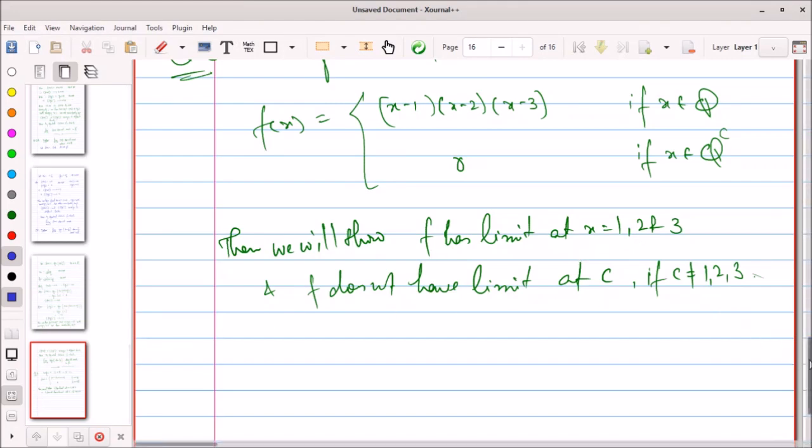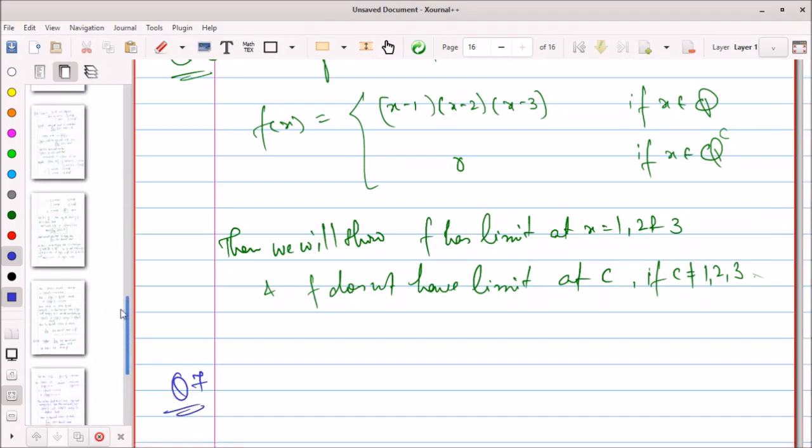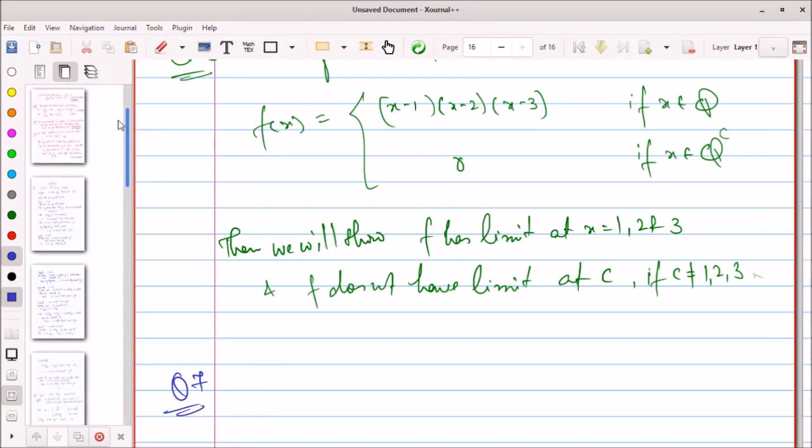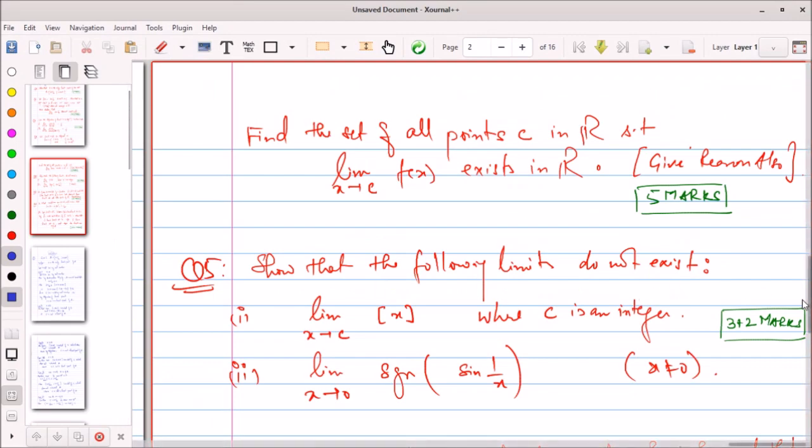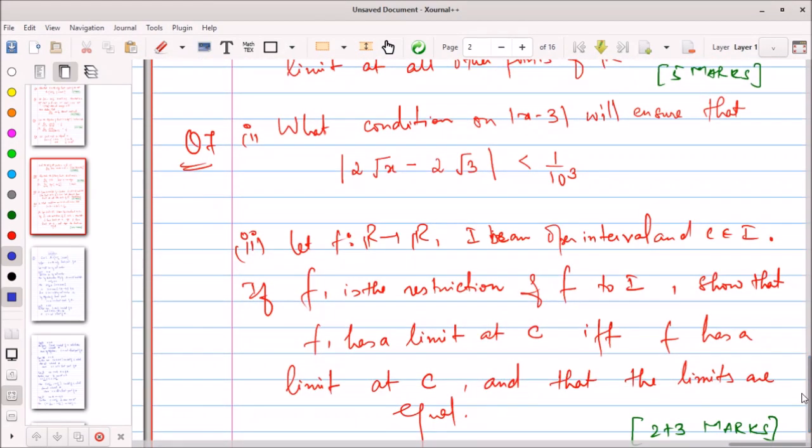So question number 7. This is the last question. What this question says is, we have to find a condition on x minus 3 that will ensure that 2 root x minus 2 root 3 is less than 1 by 10 raised to the power 3.